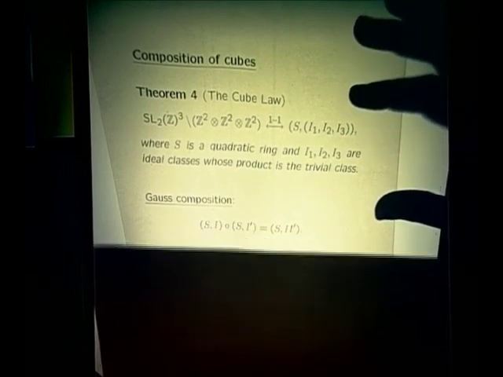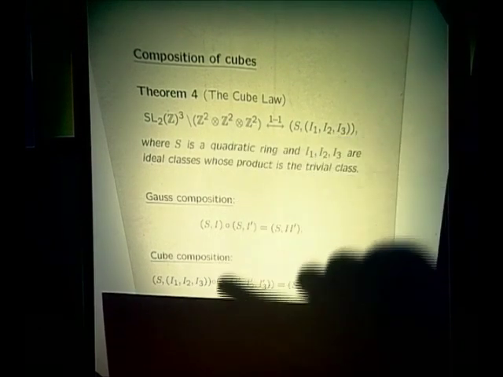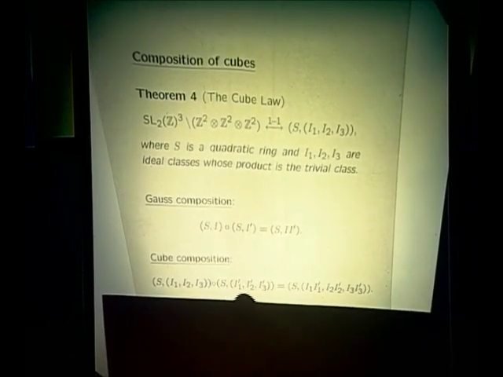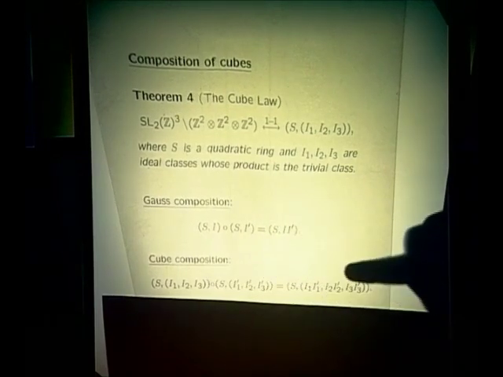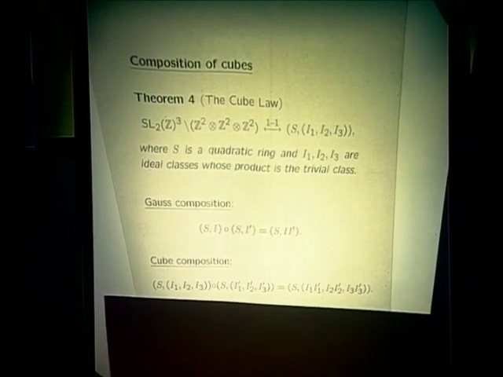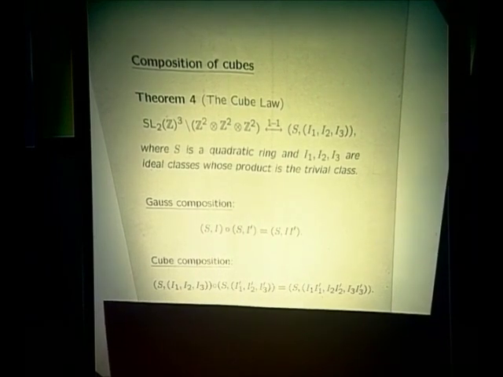But in the same way, we now have a composition of cubes. Because if you have a 2 by 2 by 2 cube, that corresponds to 3 ideal classes that sum to 0. And if you have another cube, you have 3 more ideal classes that sum to 0. And you can multiply them by just multiplying those 3 ideal classes that correspond to each other.